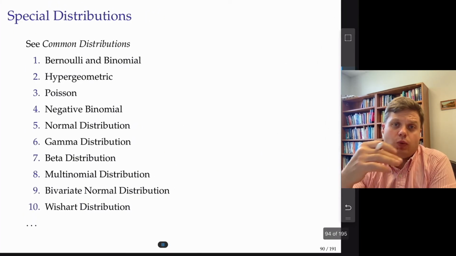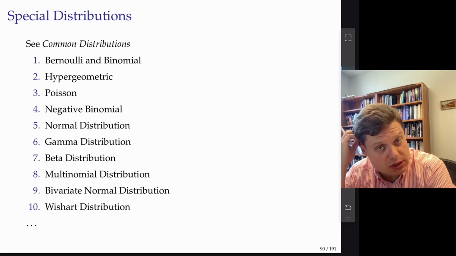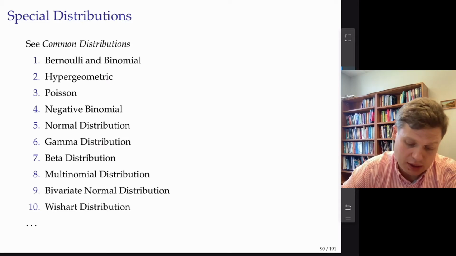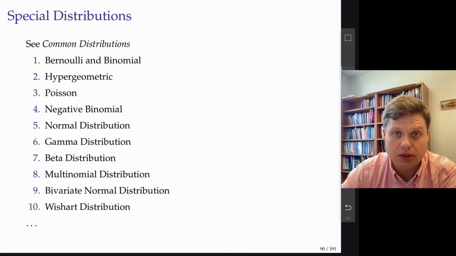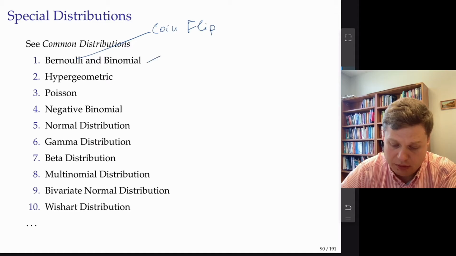And we will just list here those special distributions that are typically used in Bayesian analysis. Just a quick reminder: Bernoulli and binomial. You remember Bernoulli is just a coin flip, and binomial is a generalization of it, where you have n coin flips.